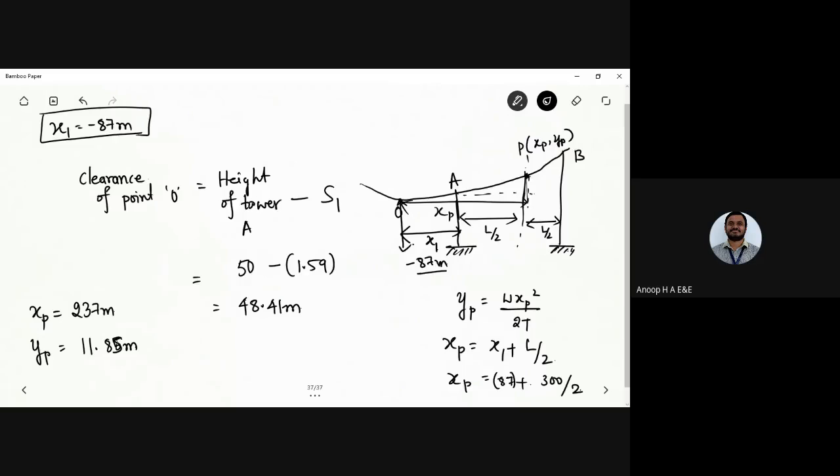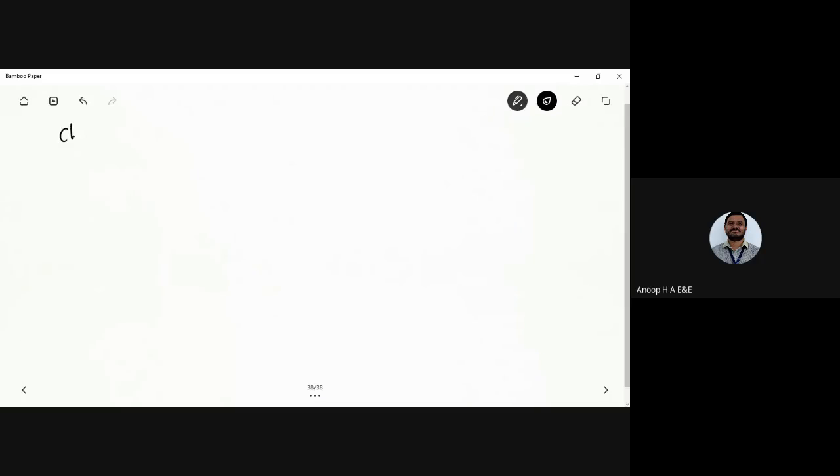Now we have got the distances. So how are we going to find the clearance at the midpoint?